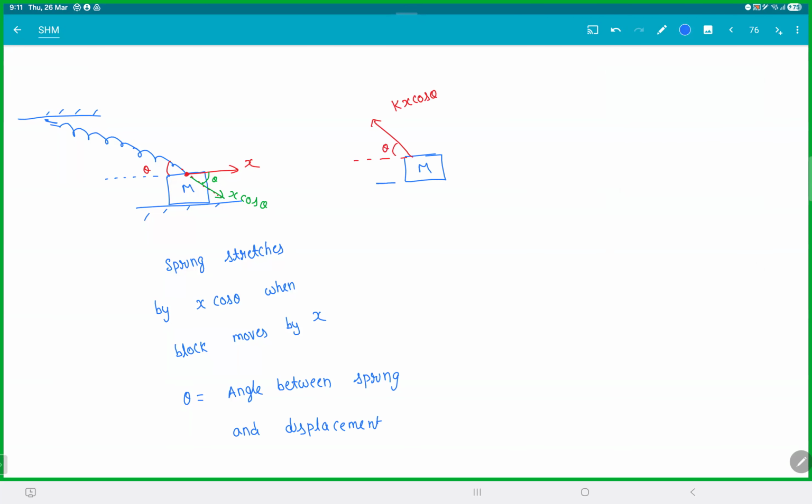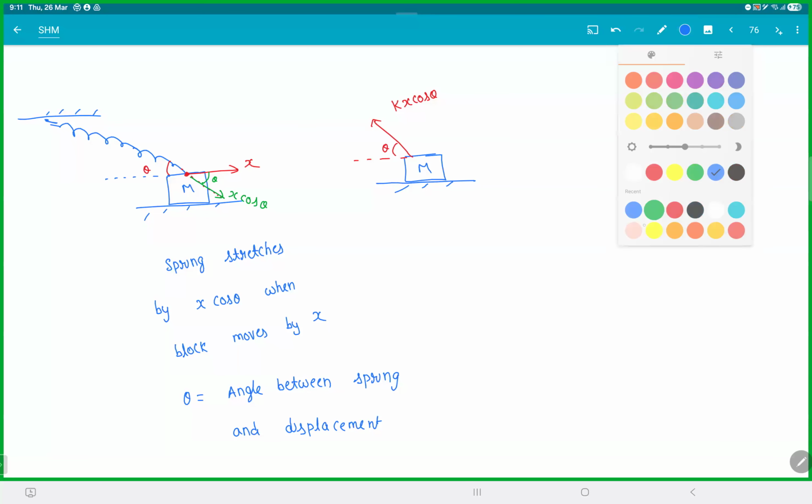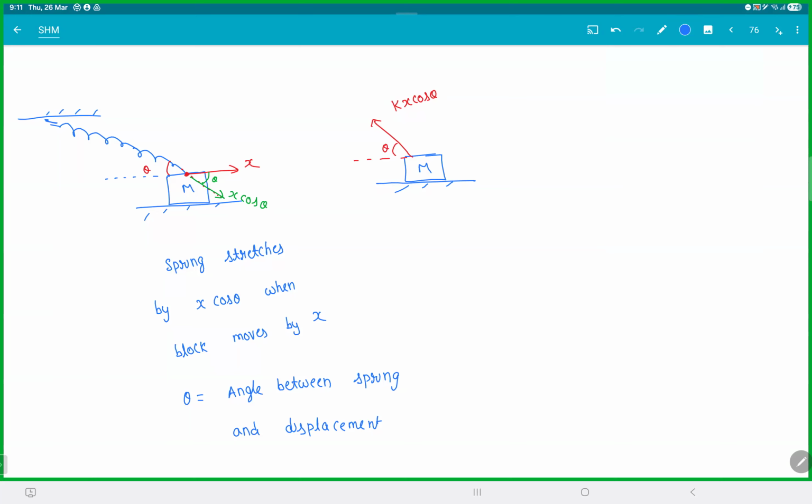Now we are only interested in the horizontal component here. So if you look at the component of this force, this can be treated as kx cos theta times cos theta, which is k cos square theta x.